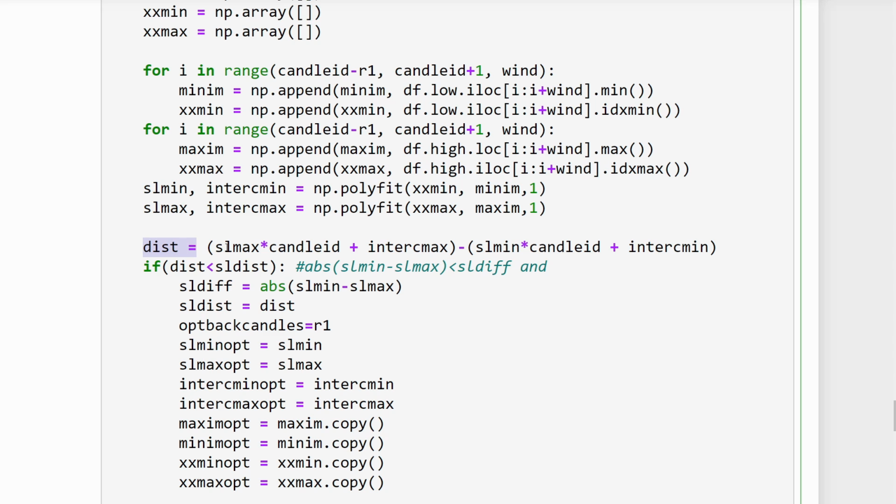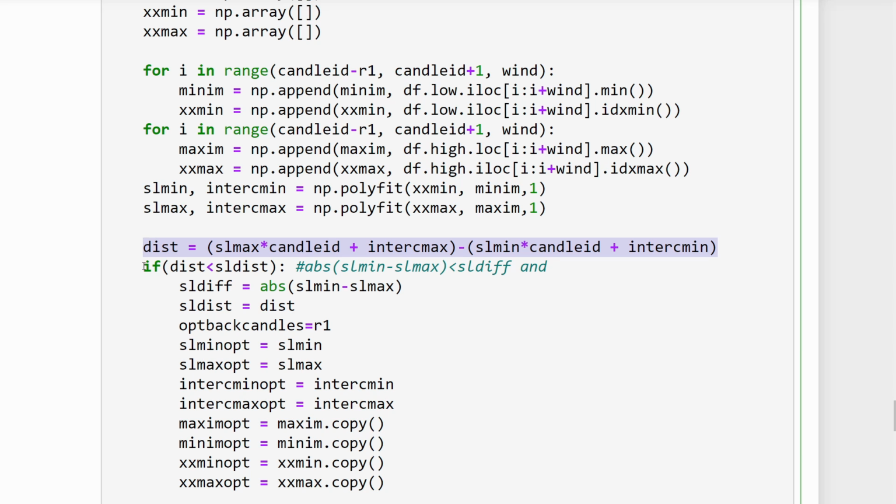We have distance equal to the slope of the maximum times the candle ID, so we're considering the distance at the candle ID position, plus the intercept max that we have found so far, minus the minimum slope times the candle ID plus the intercept of the minimum. So this is the distance separating those two straight lines defining the slopes of the minimas and the maximas.